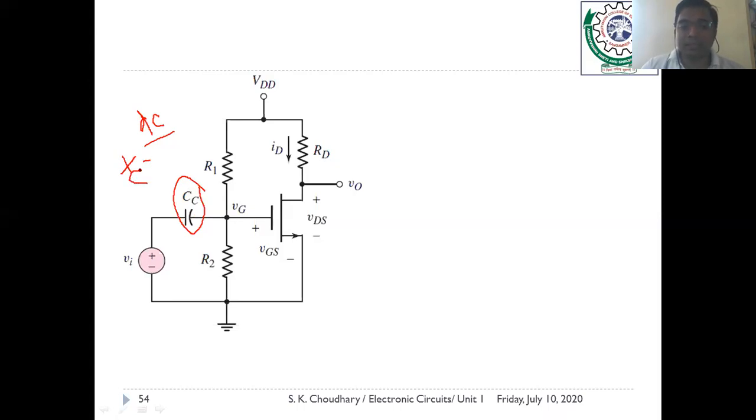The reactance generated by the capacitor is represented as Xc. If it is reactance offered by the inductor, it is XL.